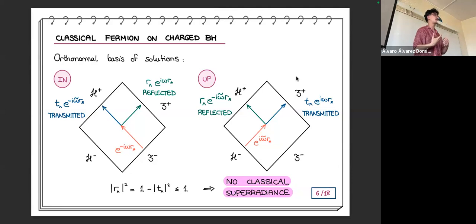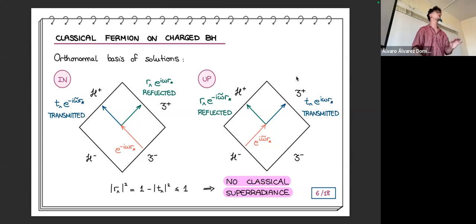That means that you have less radiation than the incident radiation, than the unit flux that you were introducing. Okay? So this is basically why we do not have classical superradiance. Everything here until now has been classical.